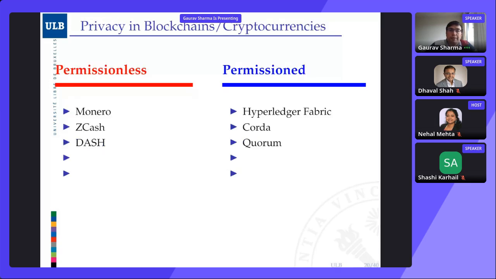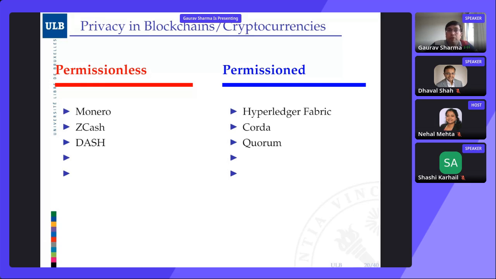So in this cryptocurrency or blockchain domain, as I mentioned, we have two types of models. One is permissionless, another one is permissioned. From the privacy perspective, in permissionless we have Monero, Zcash, and Dash, the most famous ones. In the permissioned environment, we have Hyperledger Fabric, Corda, and Quorum.